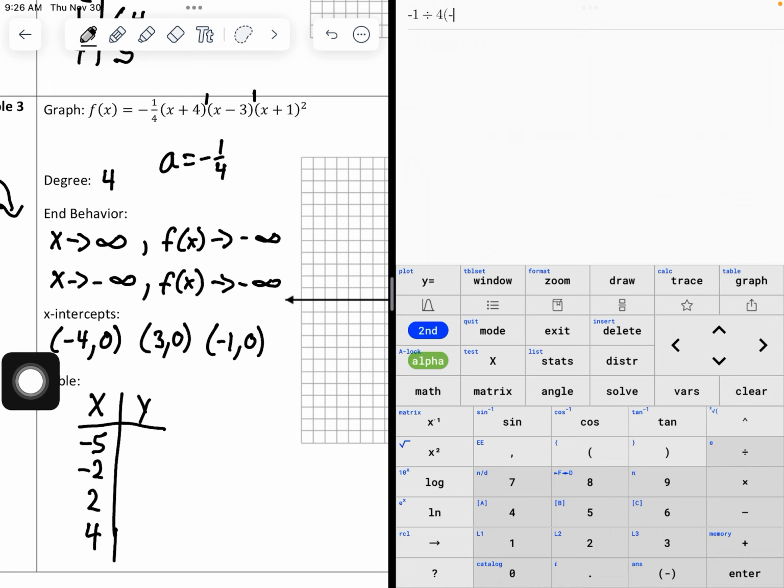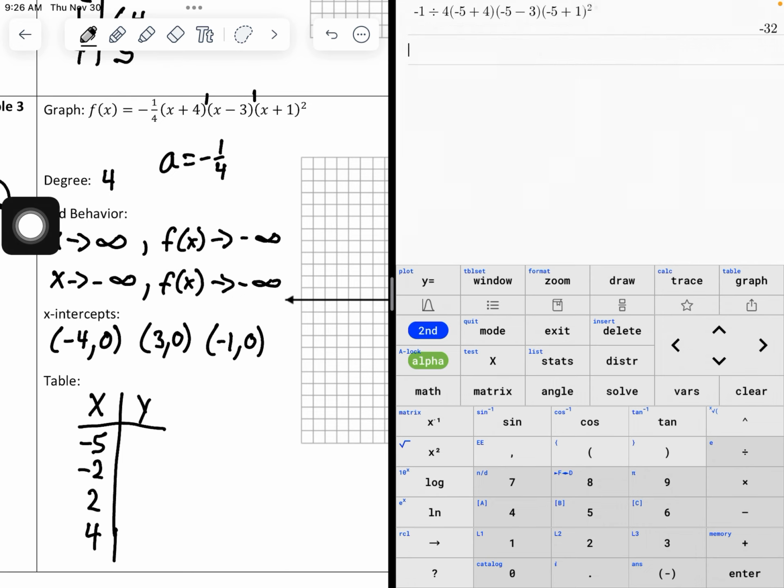So -5 plus 4, then -5 minus 3, and the last one is -5 plus 1. And then I want to square that. Now just double check, make sure you typed it in correctly, because we don't want to mess that part up. And we're going to hit enter, and we get -32.